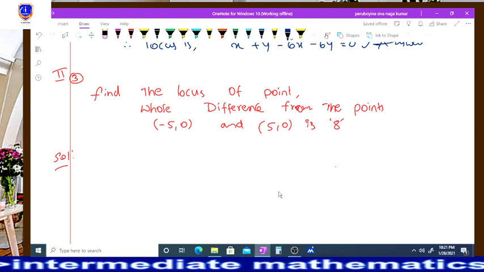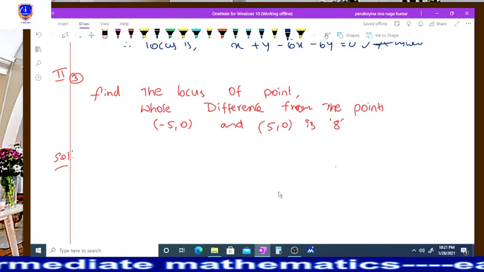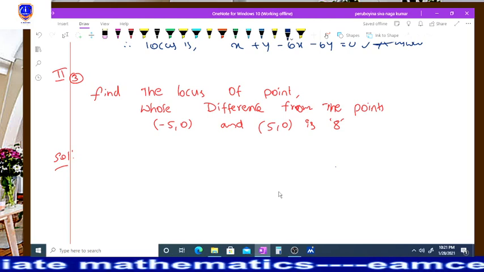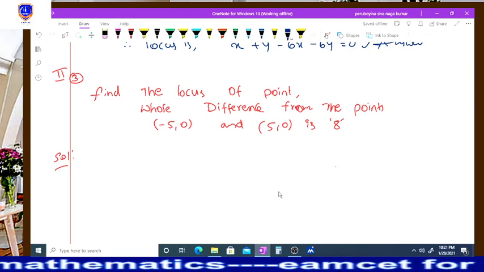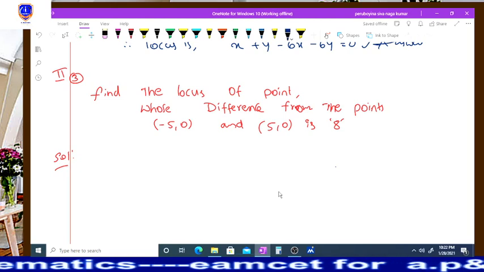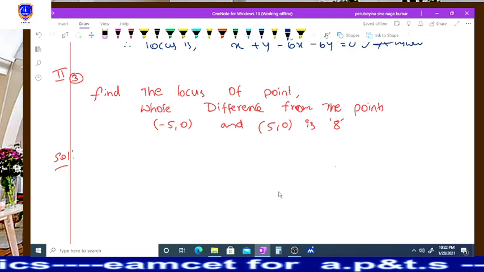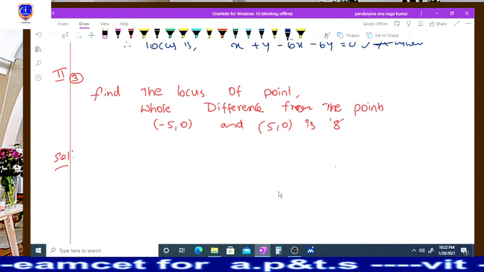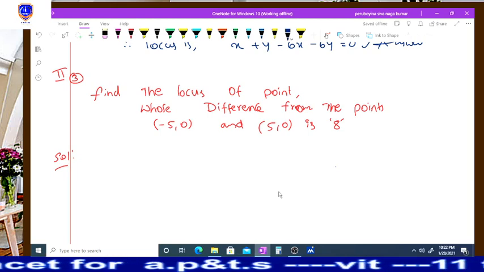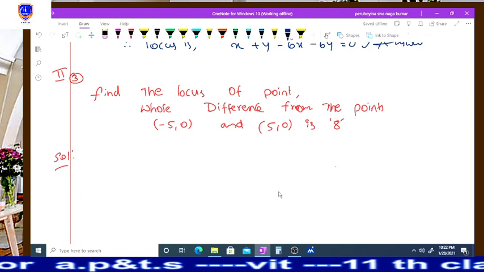Please take a look at the question. Find the locus of the point whose difference from the points minus 5 comma 0 and 5 comma 0 is 8.